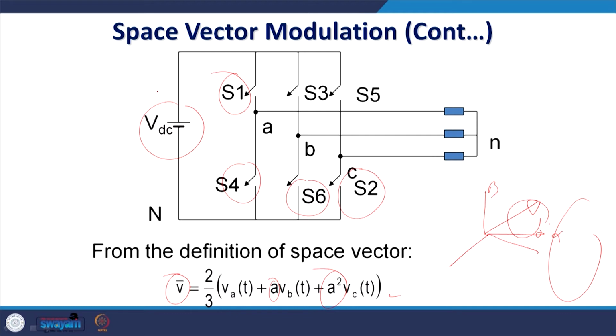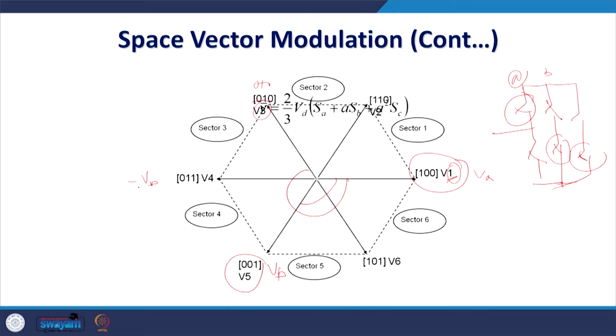Similarly, the others follow. It will be minus B, it will be minus A, sorry, extremely sorry. Similarly, this one is B and this will be minus B, and this one will be C and this one will be minus C. And thus it has been split into the 60 degree sectors.